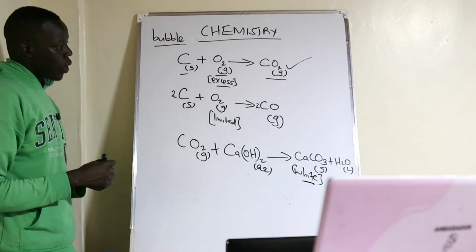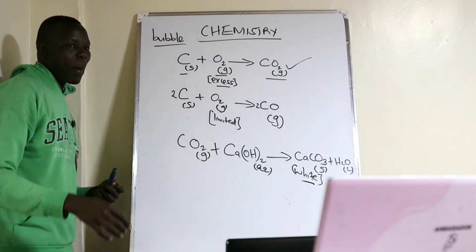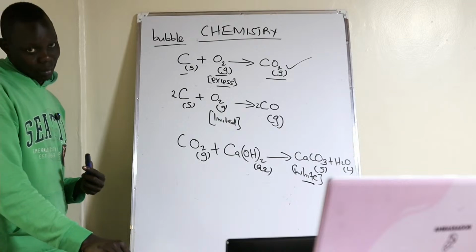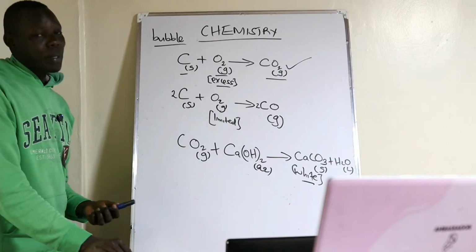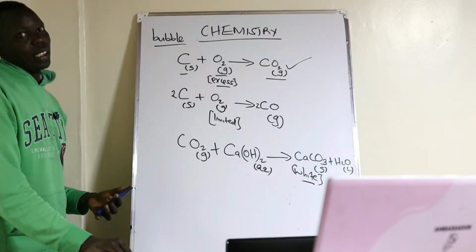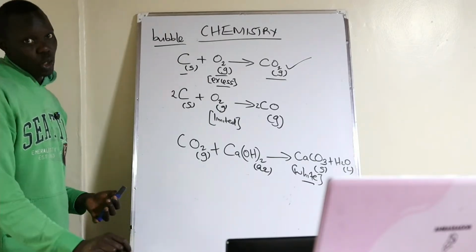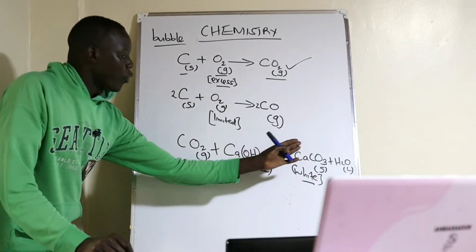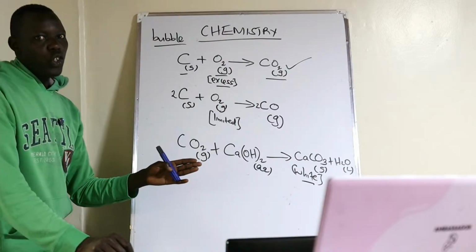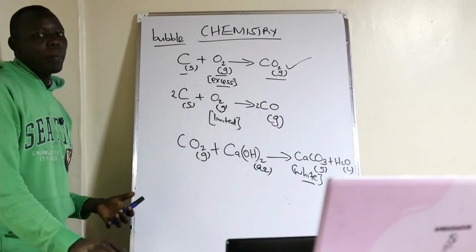Now, if you continue bubbling CO2, like now CO2 in excess, the white precipitate dissolves and it forms a colorless solution. That means, after these products have been formed, calcium carbonate plus water, you continue bubbling CO2 gas.